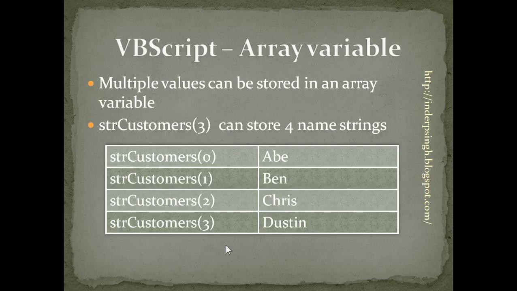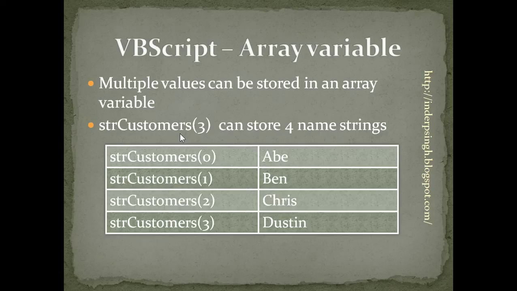So here is an example of an array variable. We have an array variable called strCustomers. Whenever we declare array variables in VBScript, we have to give the number of items in that array variable. So here the number is 3. Now strCustomers(3) can store 4 name strings, because the index or the item numbers start from 0.